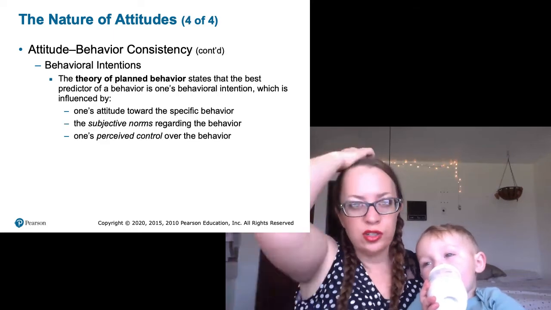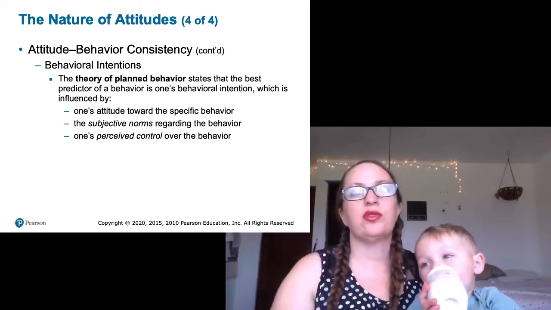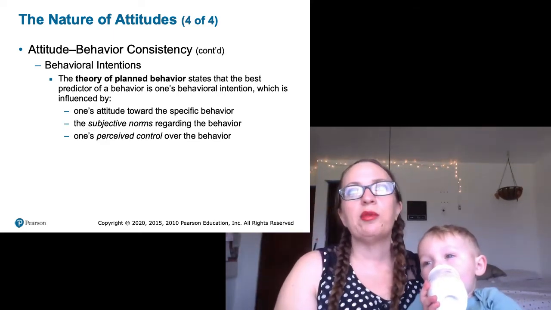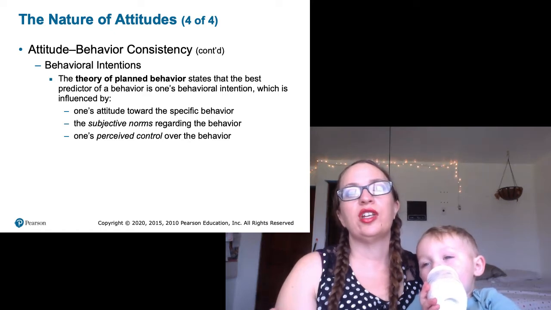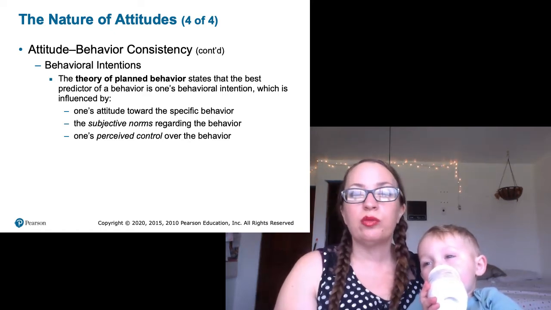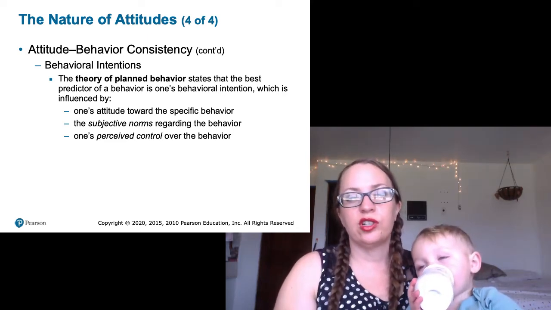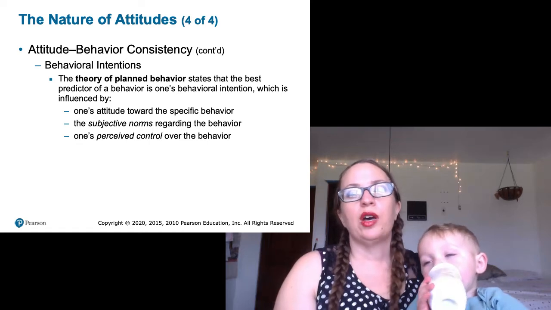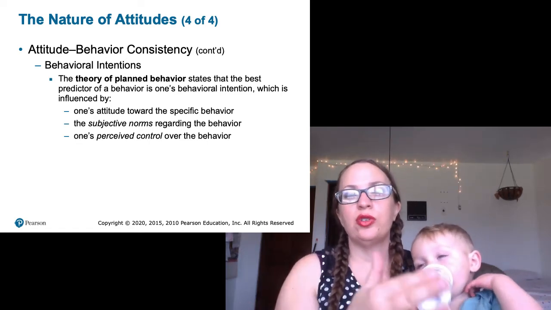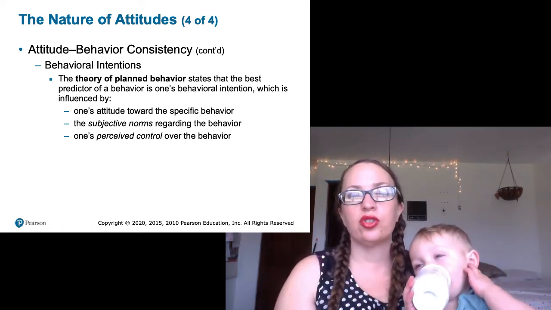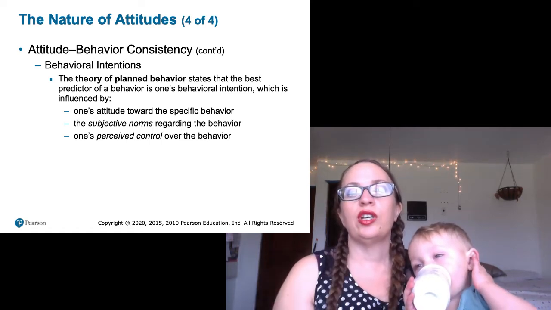There's something called the theory of planned behavior, and this is for behavioral intentions. The theory of planned behavior suggests behavioral intentions are also important predictors of behavior. So there are subjective norms, which are the degree to which people important to an individual are perceived as agreeing or not agreeing with the attitude.